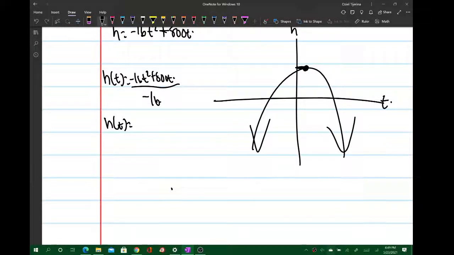That's why I recommend that you divide by negative 16, so that you have t squared, not negative 16t, because that's if you're factoring. You want to do negative 16, so that you can find your vertex more easily, right? So 800 divided by negative 16 is negative 50, right?